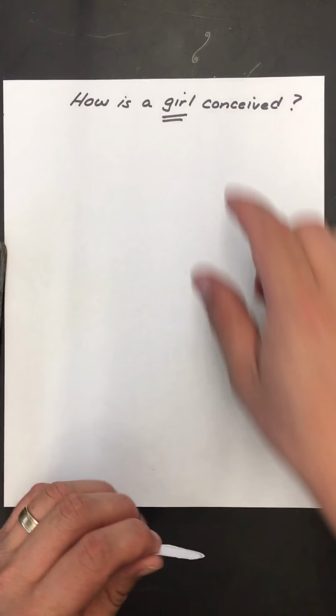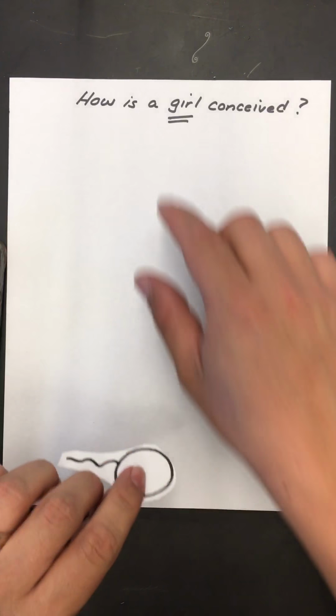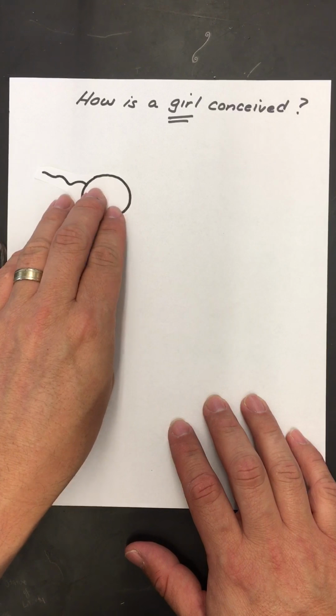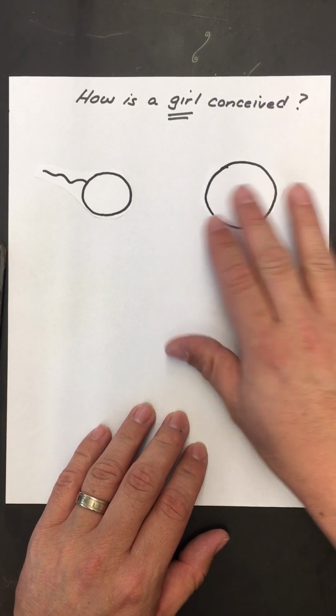All right? So let's go. Think back in terms of how conceived is just a fancy word of made or how something's created. So we're going to talk about literally how a girl's created, right? So, like anything, you need sperm and you need an egg, right?